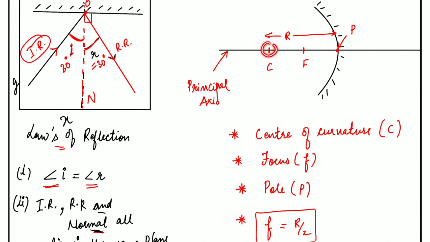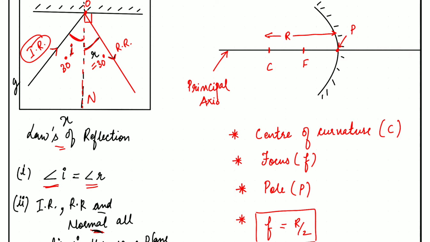If you double it, you will get the center of curvature. Center of curvature is basically the center of the sphere if I complete this spherical mirror. Now very important, this length is what you call the focal length, represented by the symbol f. And the distance between the pole and the center of curvature is what you call the radius of curvature, represented by the symbol R.